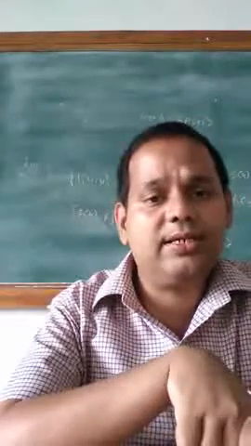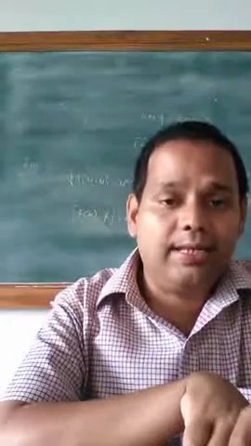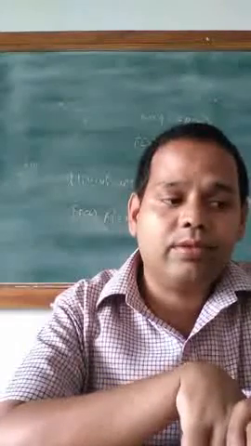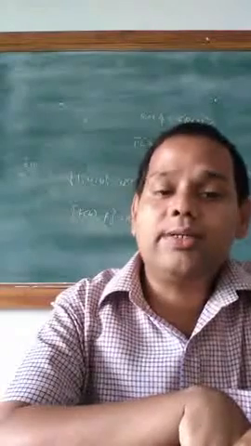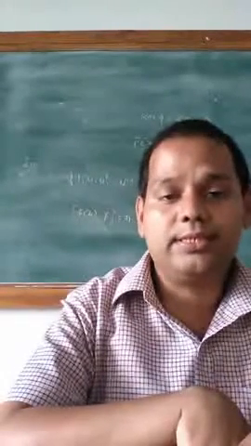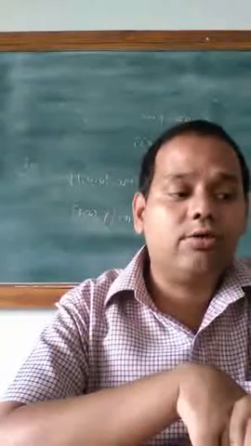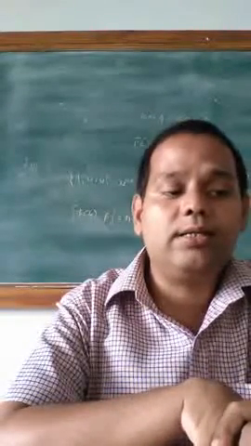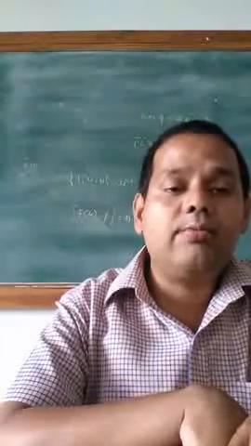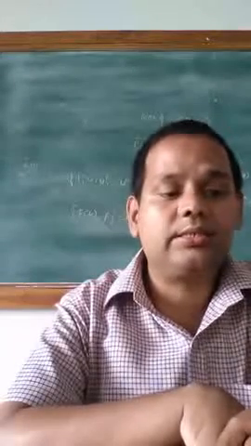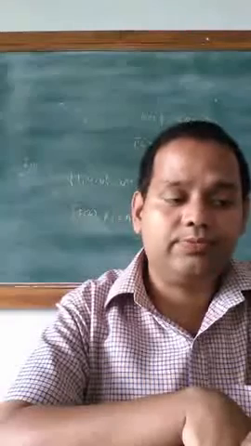Example for algebraic extensions. The element root 3 belonging to R, where R is the field of real numbers, is algebraic over Q, the field of rational numbers, because there exists a non-constant polynomial p of x equal to x square minus 3 belonging to Q of x such that p of root 3 is equal to 0.